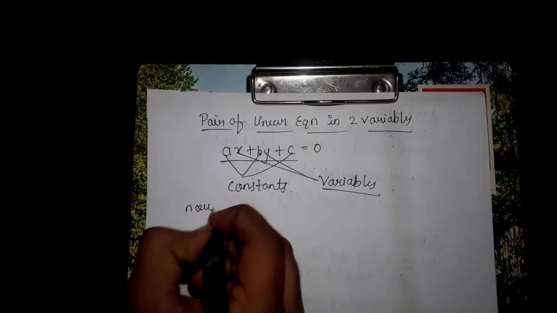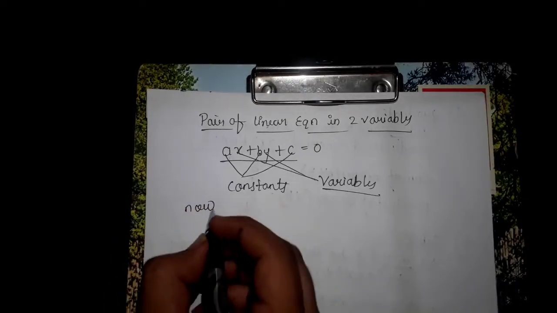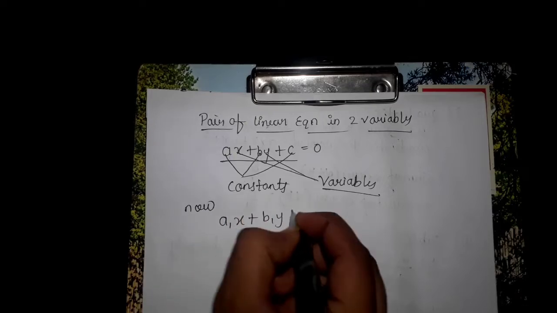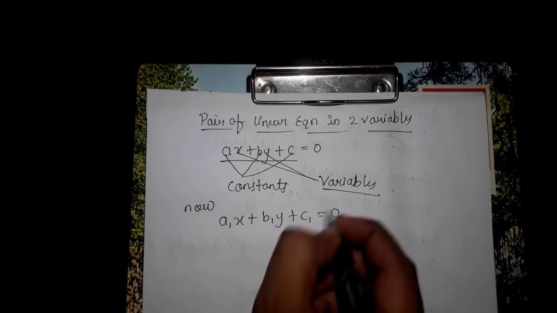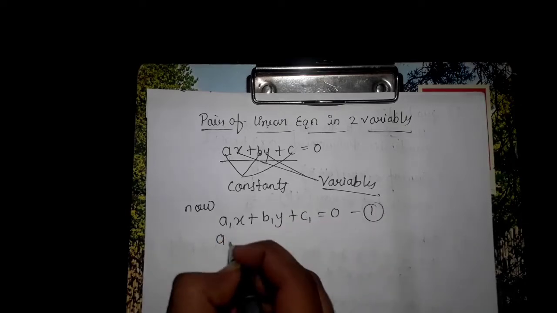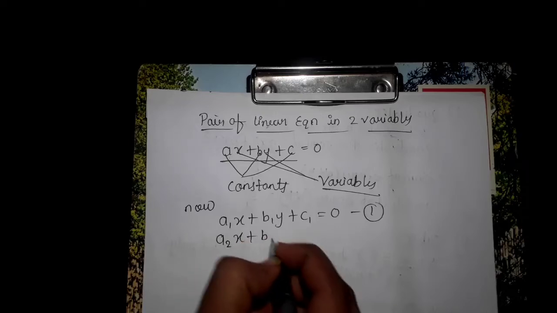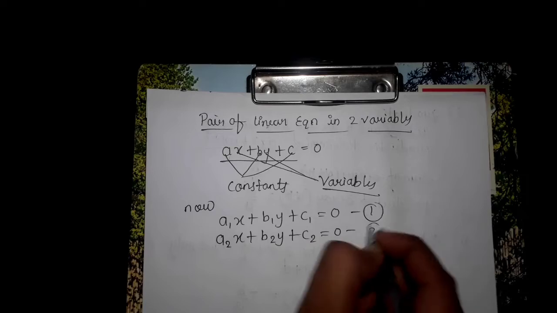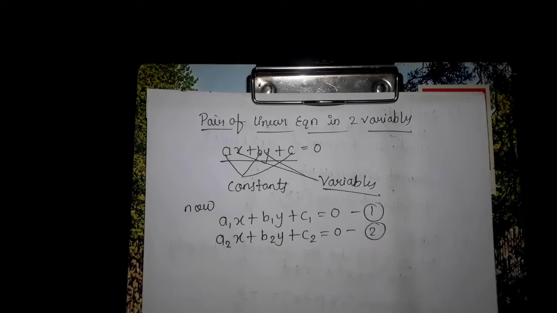Now we are given with two equations, a1x plus b1y plus c1 is equal to 0. This is equation 1, and another equation a2x plus b2y plus c2 is equal to 0. This is equation 2. Now let us define the relations.